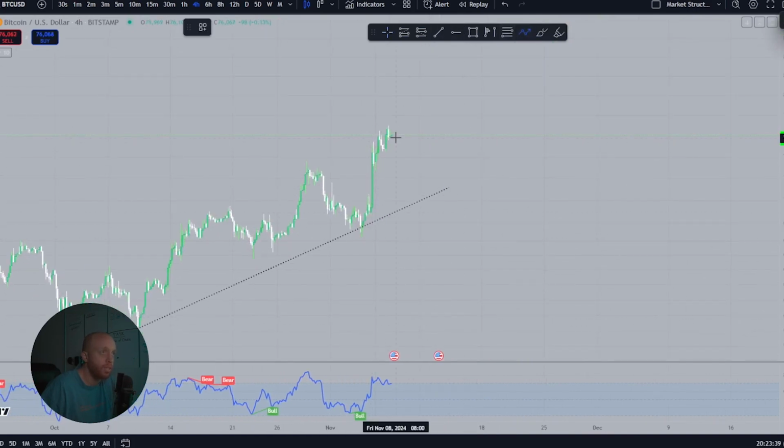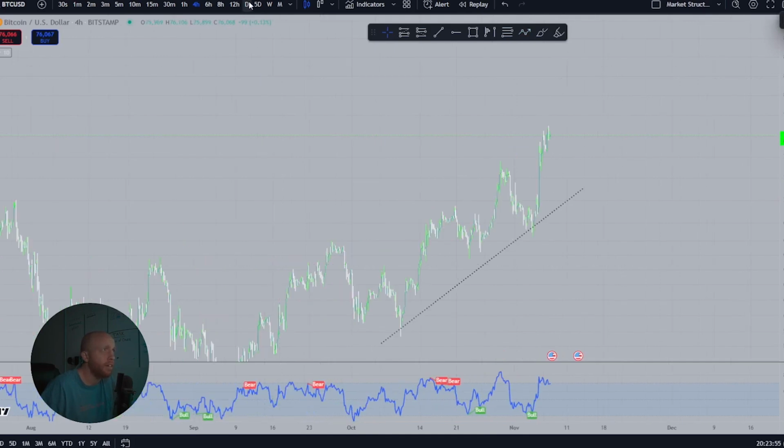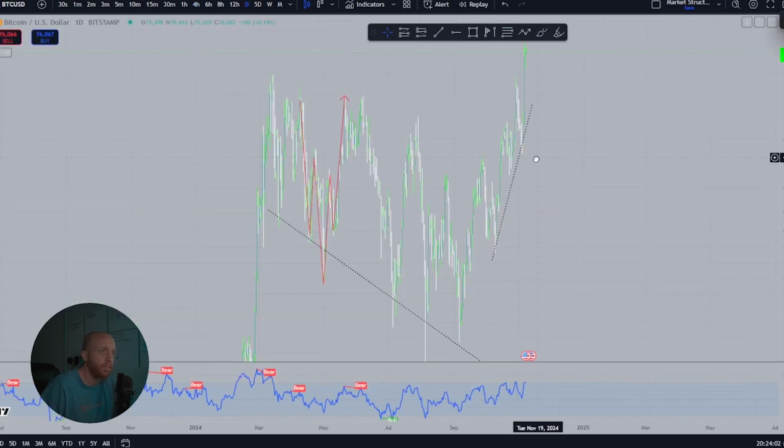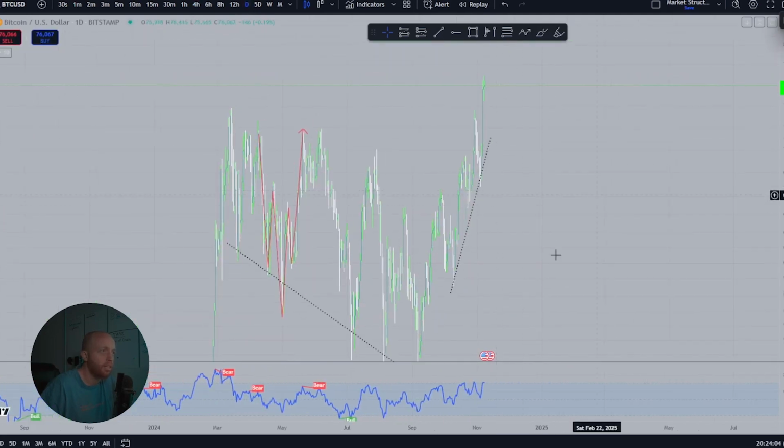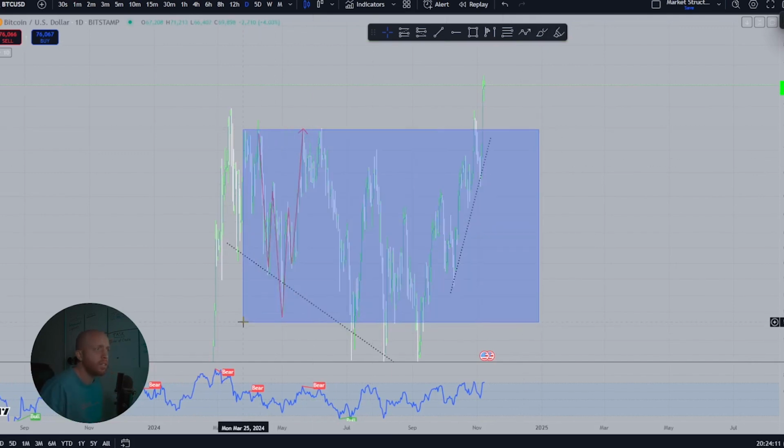Even if we come down right here, as long as we're continuing this path upward, we're still in an uptrend. And on the higher time frames it becomes more secure, where these actually start working a little bit better. Here, let me go ahead and delete all this.